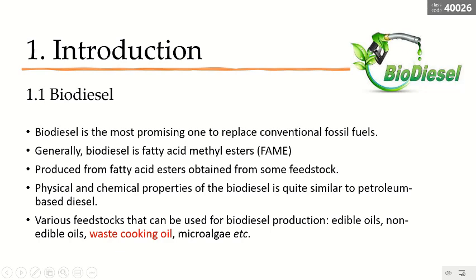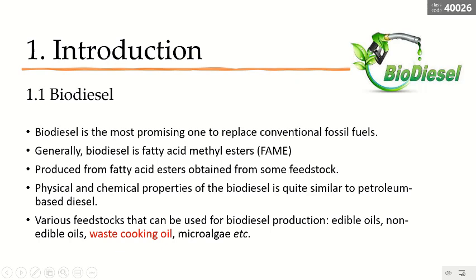How to produce this biodiesel is one of the topics we are going to introduce. Basically, the biodiesel is produced from the fatty acid ester. Okay, this fatty acid ester is from some feedstock. Feedstock here means the starting material or the raw materials.